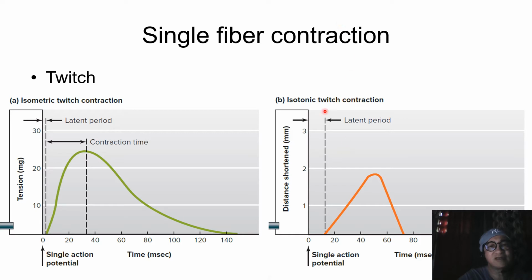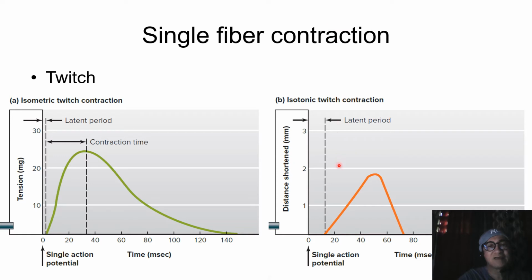By contrast, in the isotonic twitch tracing or experiment, the latent period includes both the time of excitation-contraction coupling delay and a brief period of isometric contraction during which the muscle must develop enough cross-bridge cycling to enable the fiber to lift the load from the surface of an object.